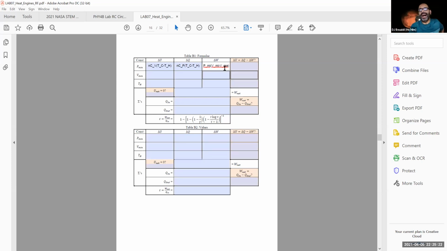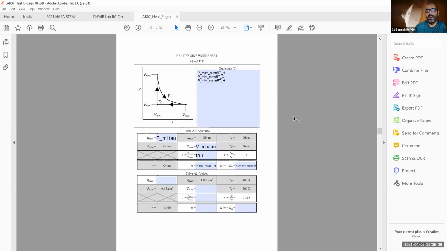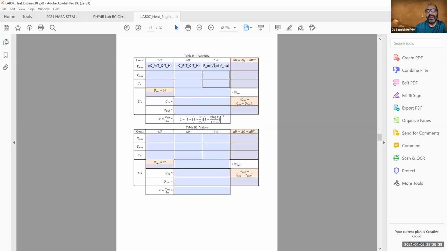Okay, I have Vmax. It's given. I don't have Vmin. I have Vmin as being Vmax over tau. So I need to replace this one by Vmax over tau.